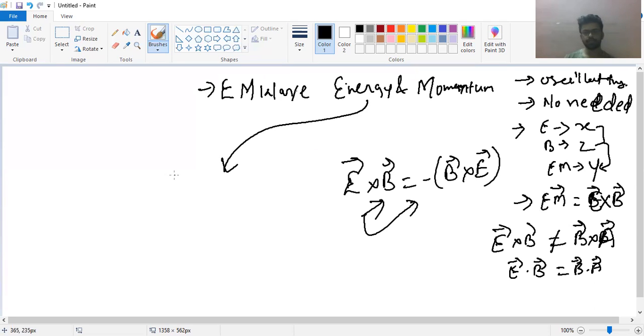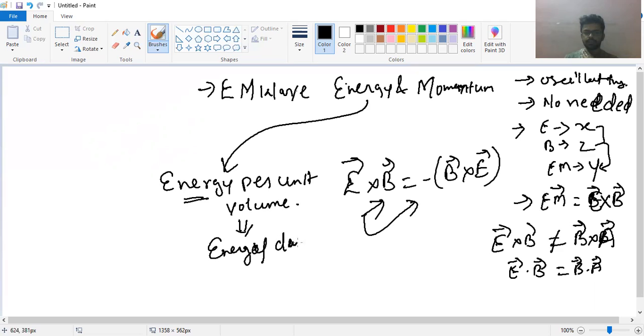Because we don't have a direct relation as of now. So we will find the energy by calculating energy density. We will calculate energy per unit volume, meaning per unit volume how much energy is there. It's called energy density.